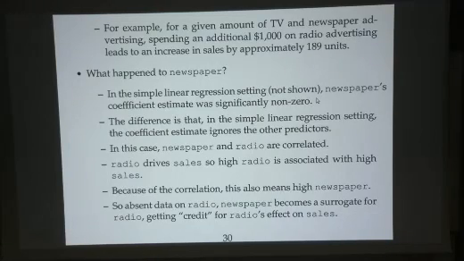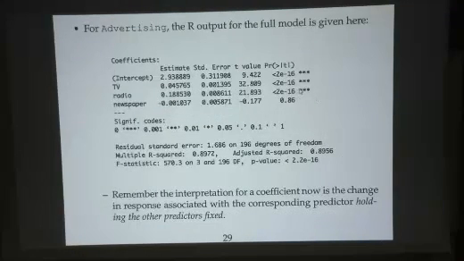What happened is that the newspaper and radio variables are correlated. In the data, the amount of budget spent on newspaper and radio either both go up or both go down, so they are correlated in some way. You see that the coefficient for the radio is significant because it is less than any suitable cutoff, let's say 0.05.